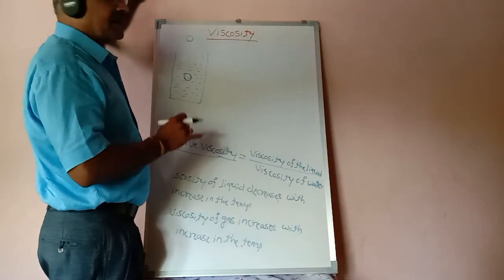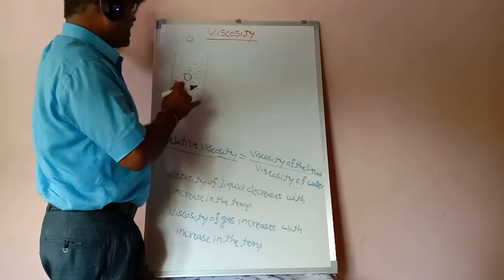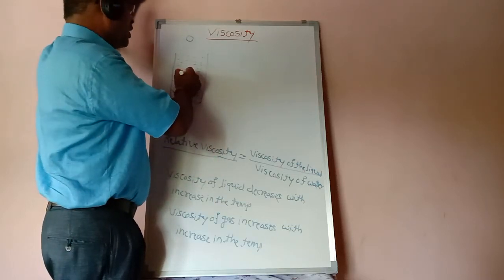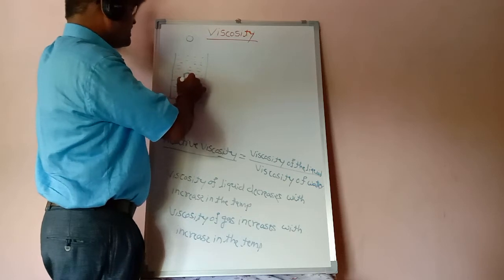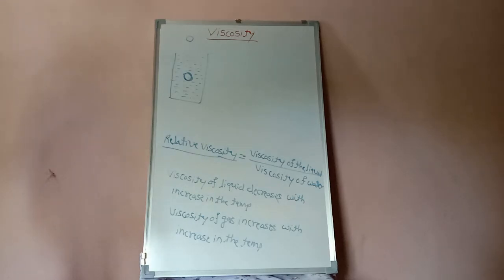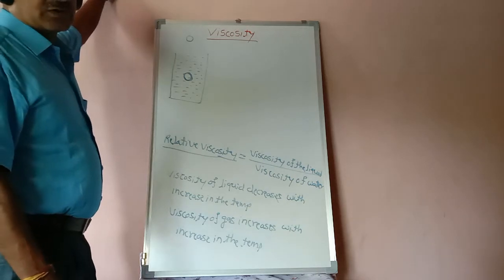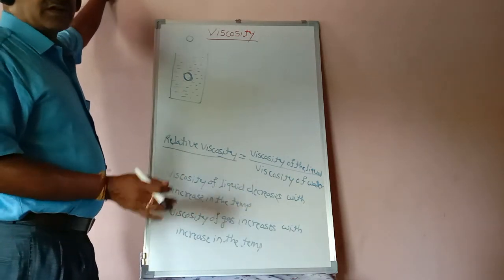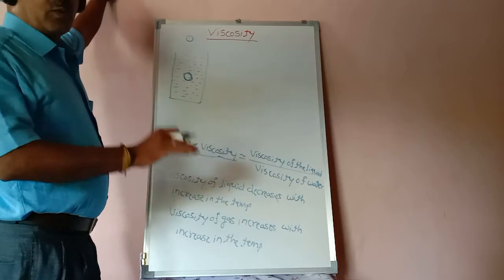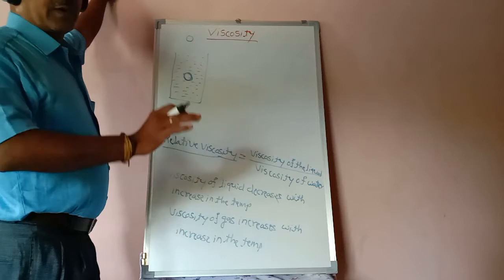At a particular velocity, the weight of this body is equal to the viscous force, or in other words, the viscous force is equal to the weight of this body at a particular velocity.